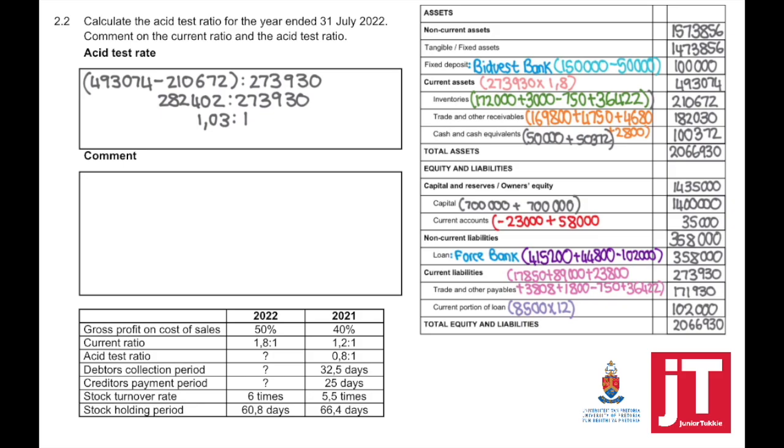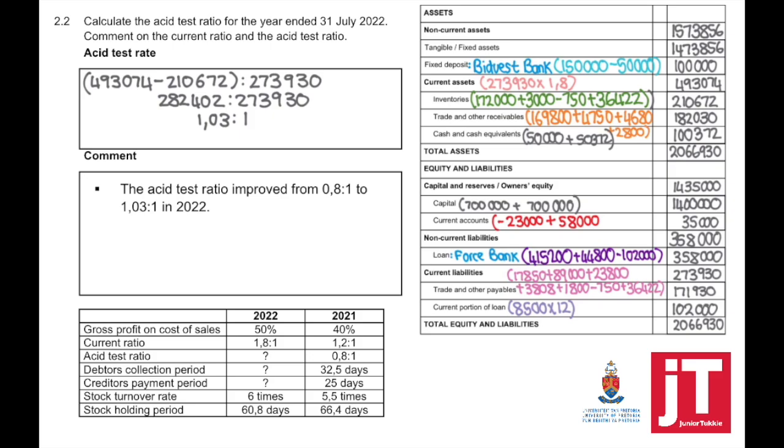If we take our current assets minus our inventories divided by the current liabilities, our assets ratio is 1,03 to 1. Now to comment on these two indicators. Starting with the assets ratio, quote the indicator, quote the figures. The assets ratio improved from 0,8 to 1 to 1,03 to 1 in 2022.